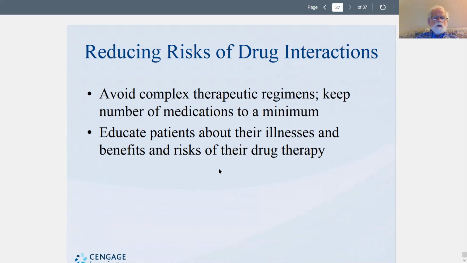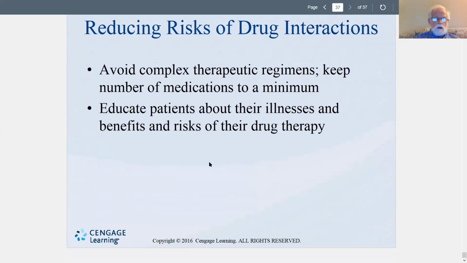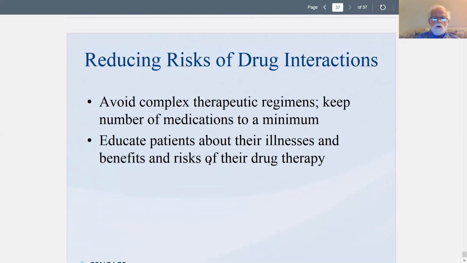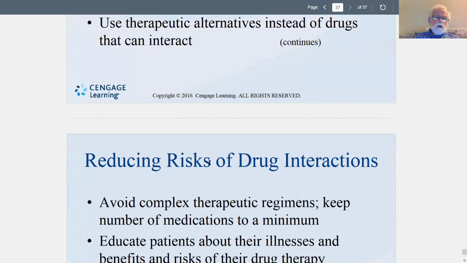Some patients are on so many medications that it's a miracle they can even get up and walk because they're medicated into almost catatonia. And also, patients need to take an interest in their own health. So that's what I wanted to say here.